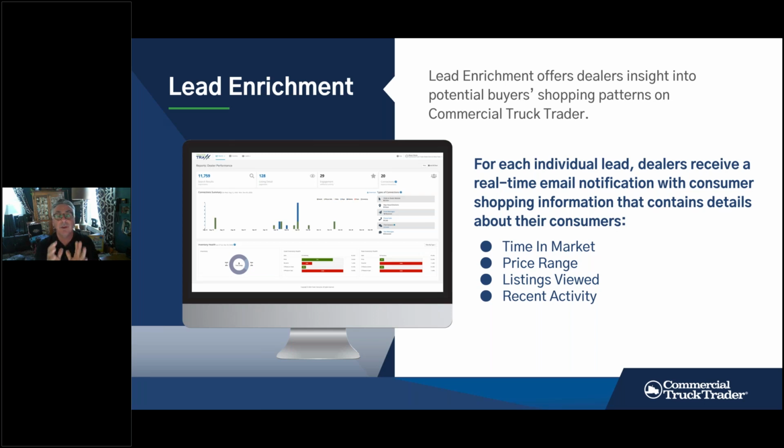So this can really change the way your team engages with potential buyers, and you become much more consultative because you have a better idea of whether they're looking at new and used, what their price range is, and the specific types of vehicles that they're looking at. So lead enrichment is a really slick part of what we offer. And once again, when you work with Commercial Truck Trader, you get this particular component.